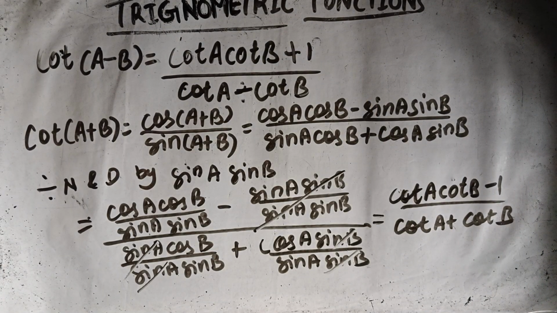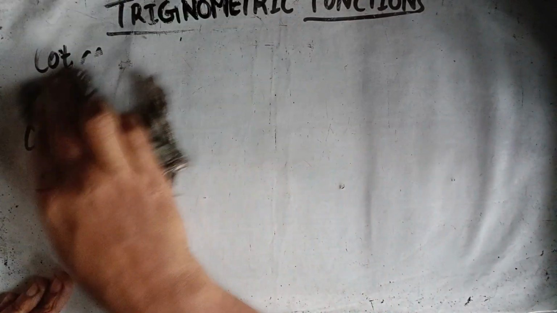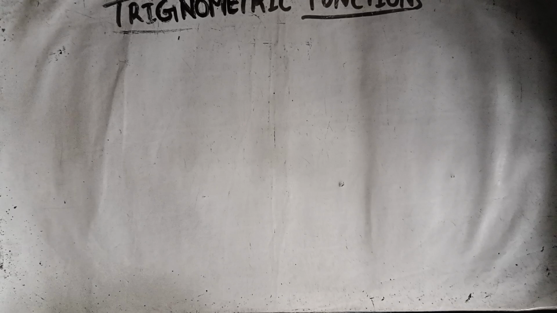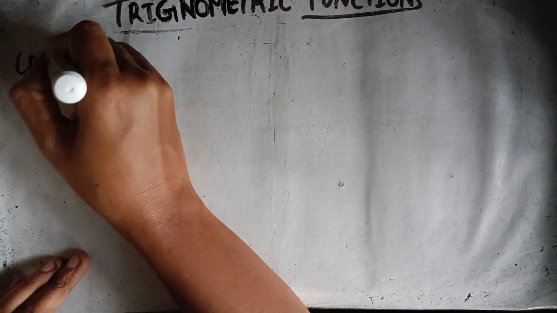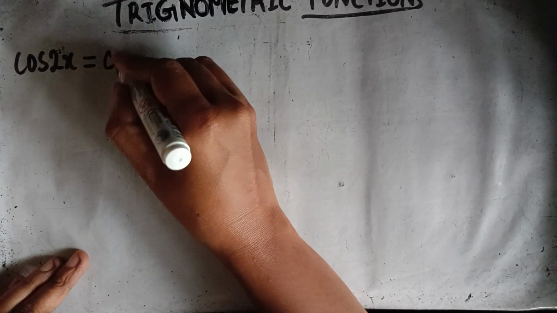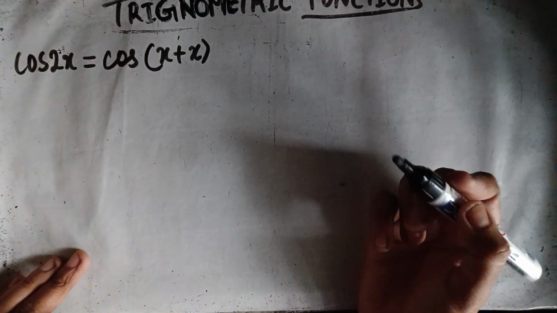Okay. Next we have cos 2x. These identities are very important. So cos 2x you can write as cos(x+x), right?